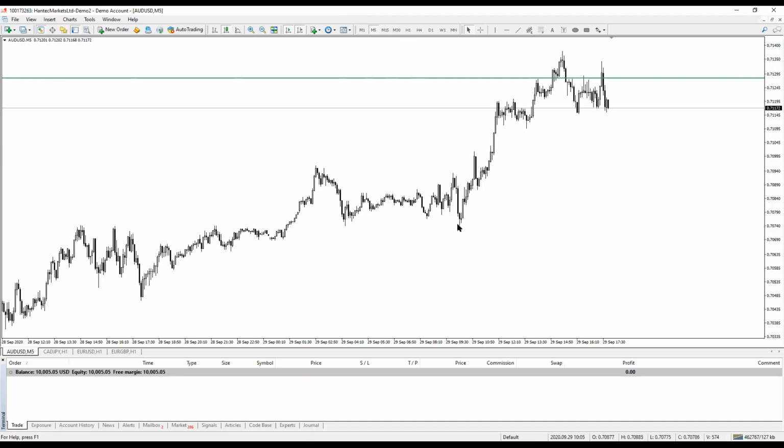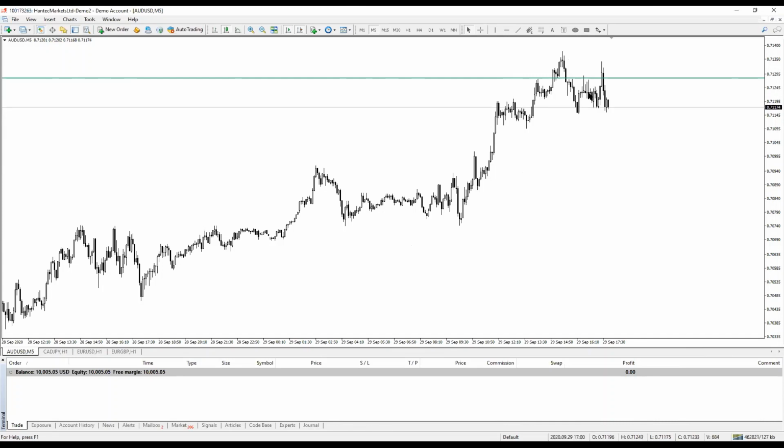We have a buying pattern where we see higher lows and breaking highs, and then we finally made it to the first supply, where we expect a reaction.